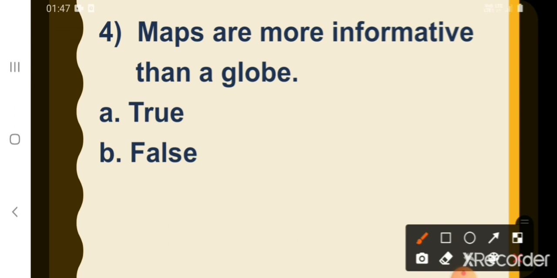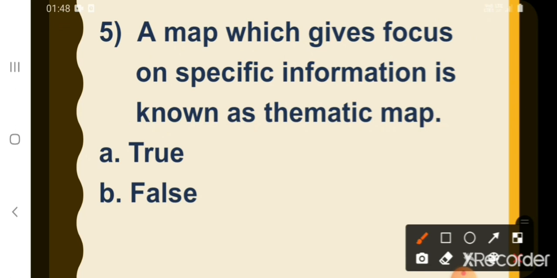B, false. What's the correct option? Yes. A, true. Fifth one, a map which gives focus on specific information is known as a thematic map. A, true. B, false. What's the correct option? Yes. A, true.